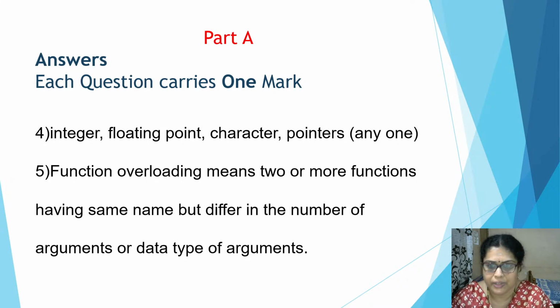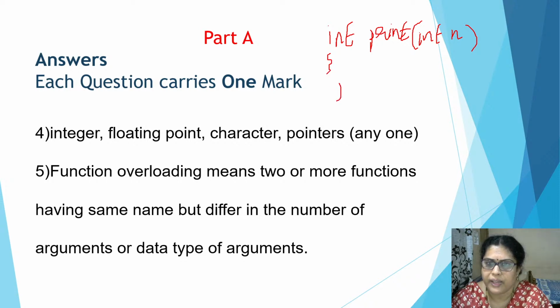So what do I mean by that? I'll give you an example here. For example, I write int print, and in brackets I'm putting one value, let us say int n, and I am just going to print the value of n.